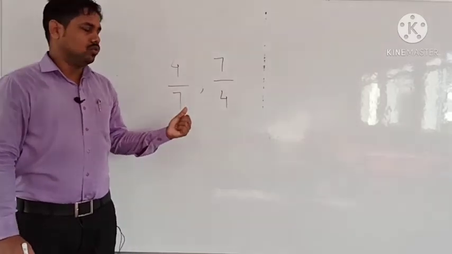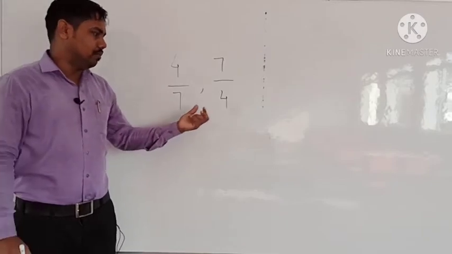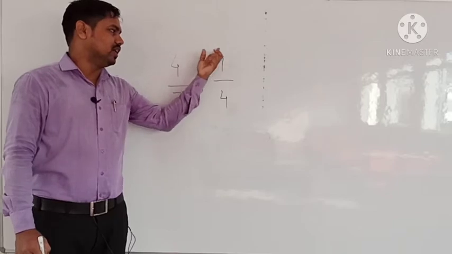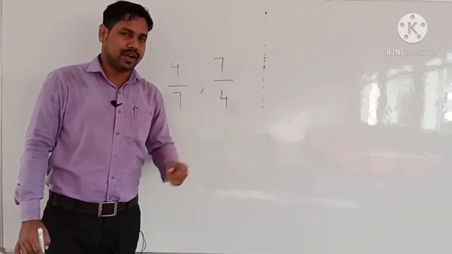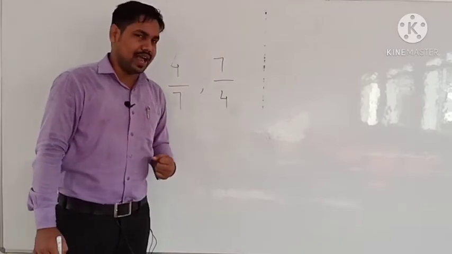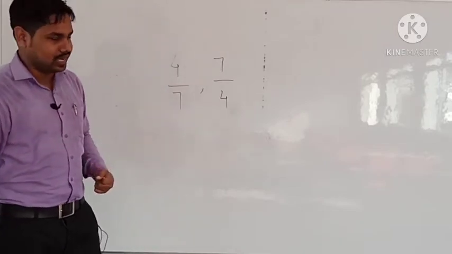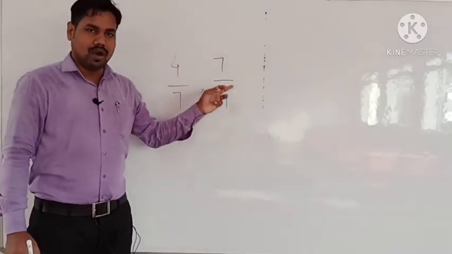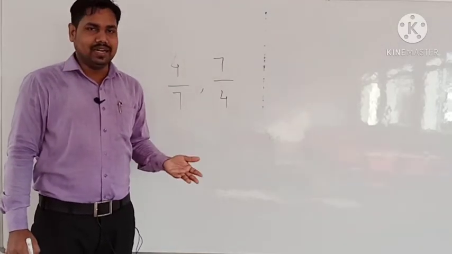So now we have also learned that if the number is an improper fraction, then we can convert this into a mixed fraction. So how we can convert this number into a mixed fraction, that also we have seen. We will divide this number by this. So 4 1s are 4, 4 2s are 8, it will be more than 7.